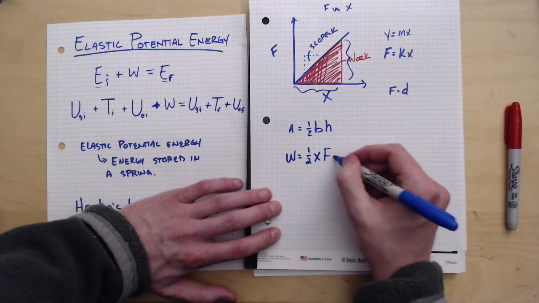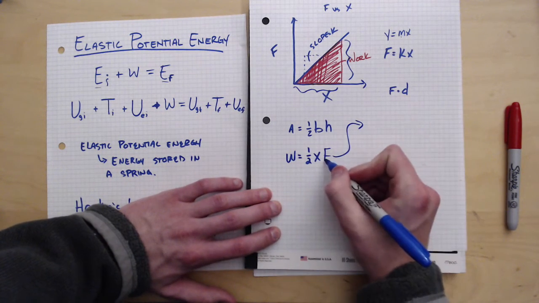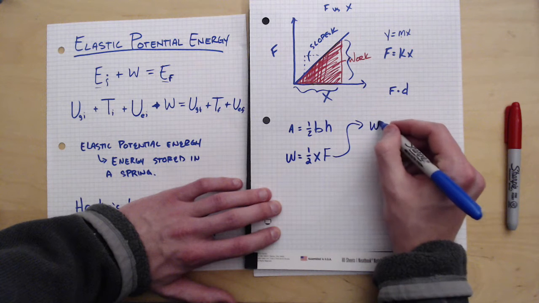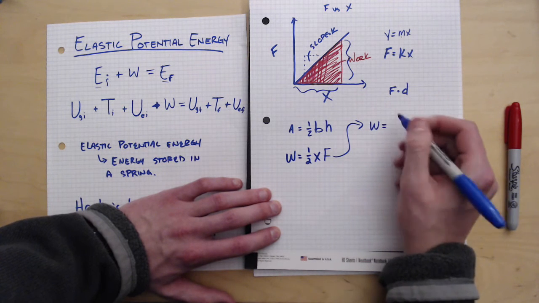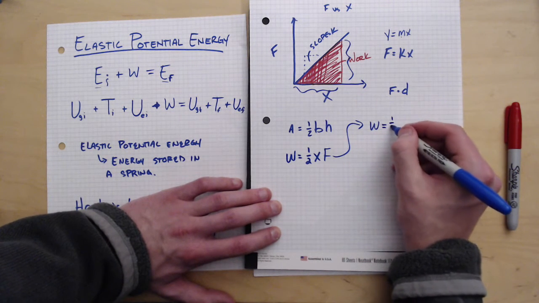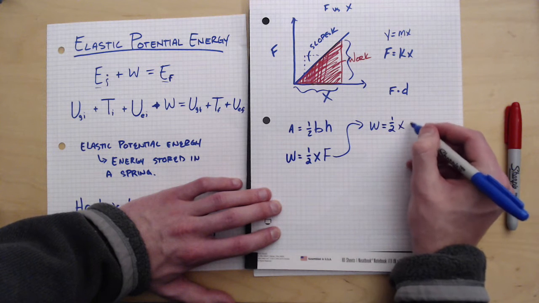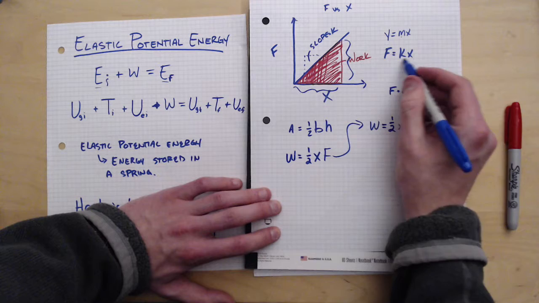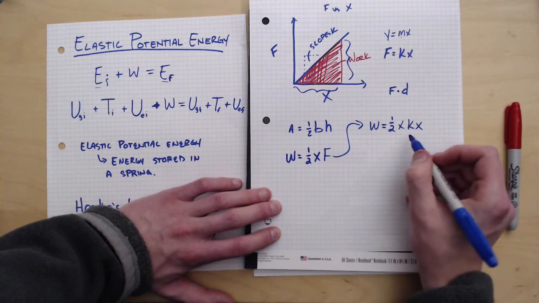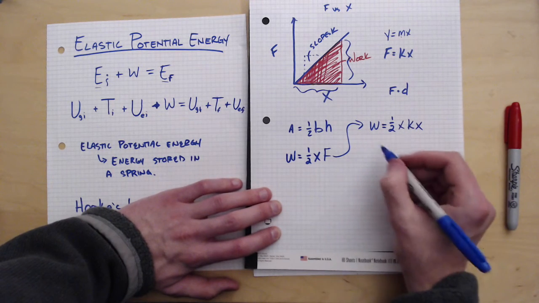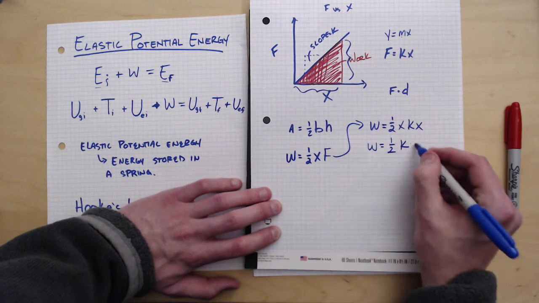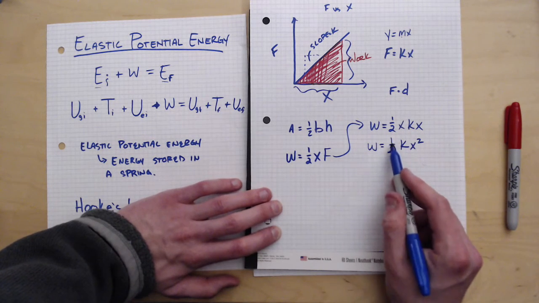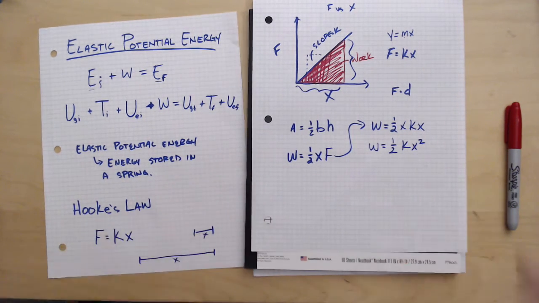So we can substitute this force in for kx, and we're going to get W for work is equal to 1/2 x times kx. So all we did is we took this and we plugged it in here. Now we can simplify this equation a little bit, and we get work is equal to 1/2 kx squared.